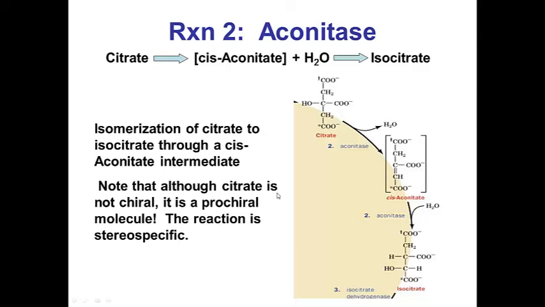So even though citrate is not a chiral molecule, it is prochiral. And because this is prochiral, and aconitase holds it in such a way to act as if it's chiral, this reaction is stereospecific and will only produce one product.